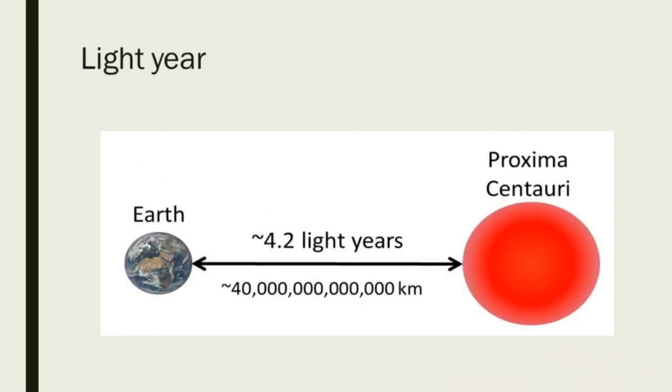Light year. The nearest star to our solar system is Proxima Centauri. It is at a distance of 2,68,770 AU. We can clearly see that using the astronomical unit for measuring distance of stars would be difficult. Therefore, astronomers use a special unit called light year for measuring the distance in deep space.